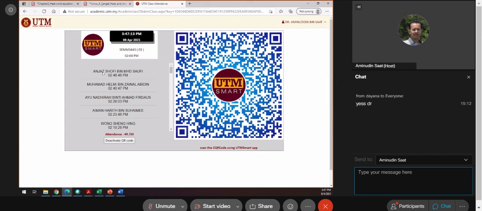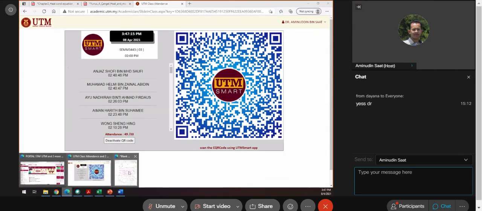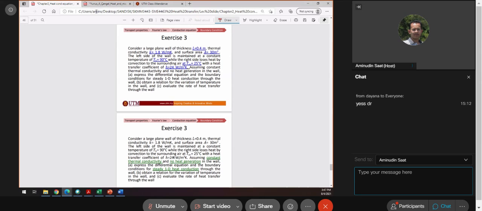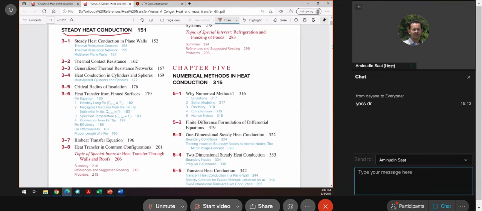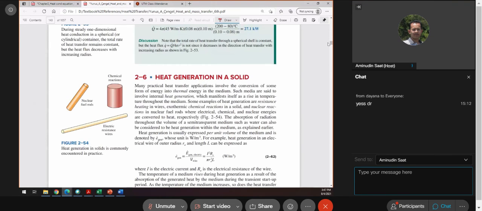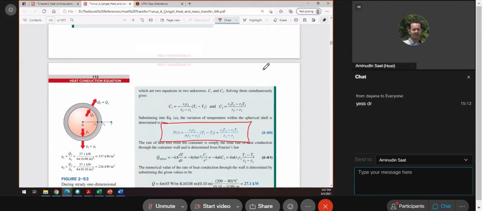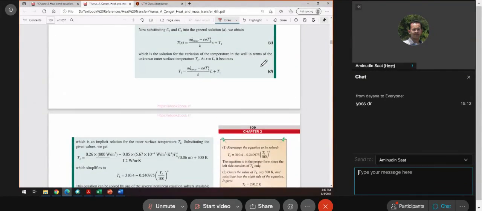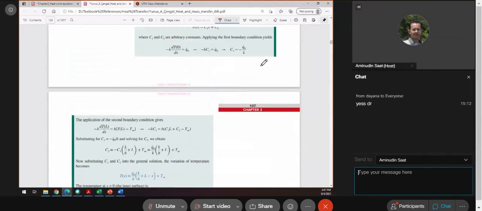If you're not very clear, sebab saya punya space ni agak limited, I think I can find some example. Okay, look at this example here, where you have convective.